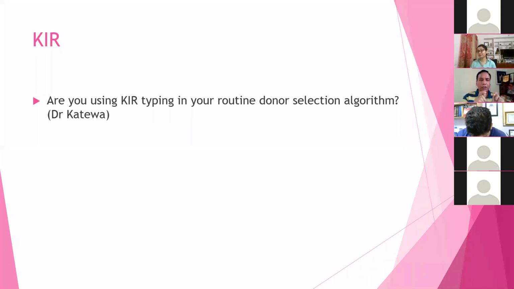So the KIR story started in the late 80s, with a group in Perugia, Italy. The story started with ligand-ligand mismatch. Ligand means a substance which binds to a receptor. The Perugia group said that's a wonderful thing, but remember, they did a T-cell depleted transplant.